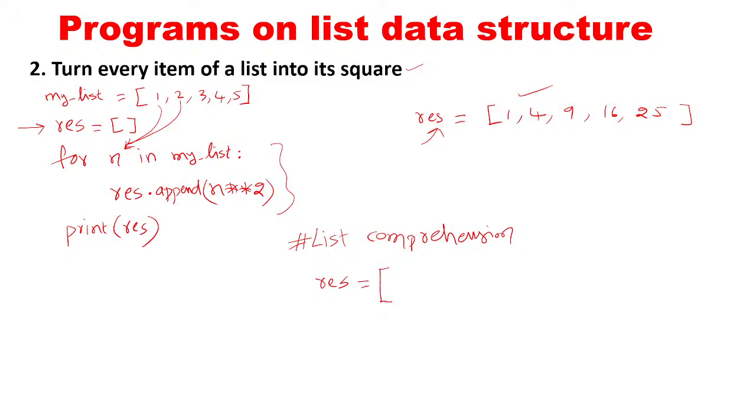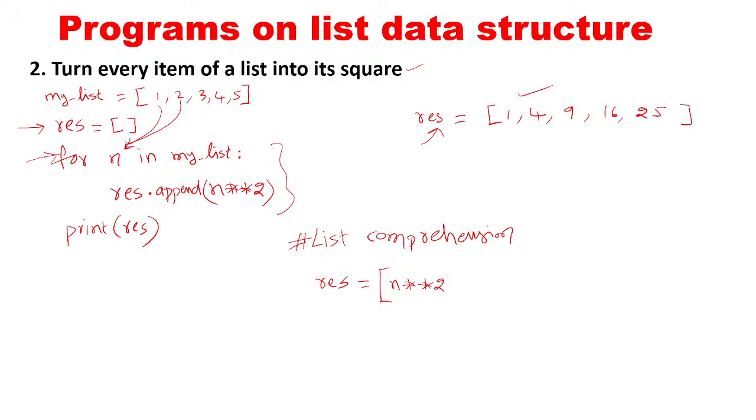So result is a new list. In this new list, the numbers should be of this form: include all the numbers by squaring the n value, a new list contains n square, where n should come from my list.